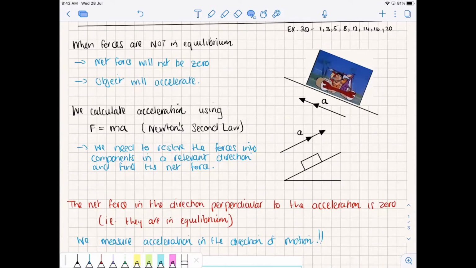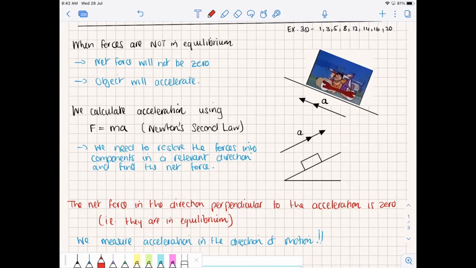So that brings up a very important point, and that is the net force in the direction perpendicular to acceleration is zero. So if we have a look at my block object now, it's just a little bit easier to see, right? We can see the direction of acceleration. We're assuming, based on the diagram, that the direction of acceleration will be in the direction of the slope.